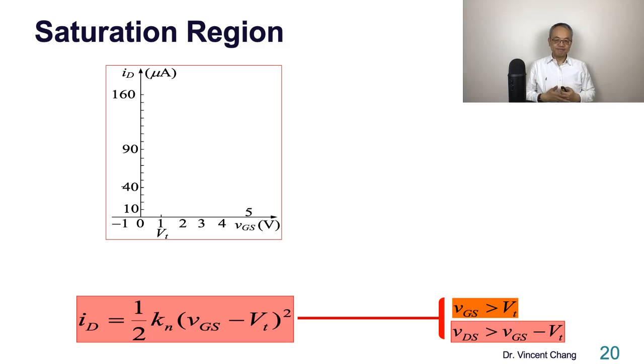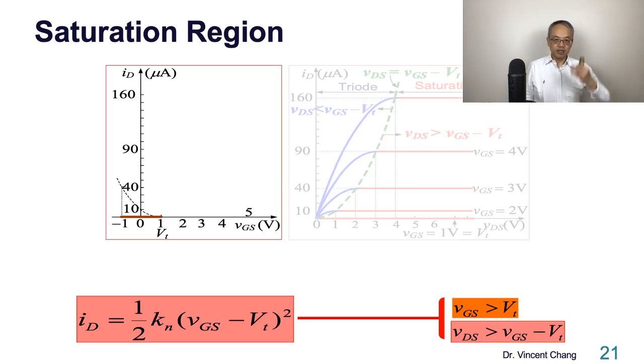Now you're supposed to be very familiar with the IV curve on the right, which gives you the whole picture: triode, saturation, and boundary, the relationship between ID, VGS, and VDS. Now I want to show you another curve on the left.